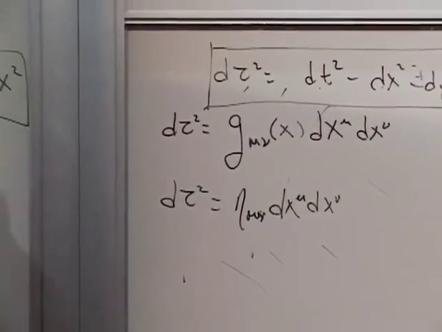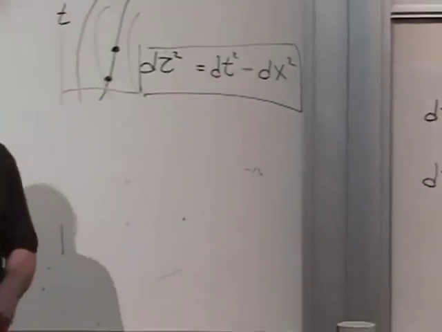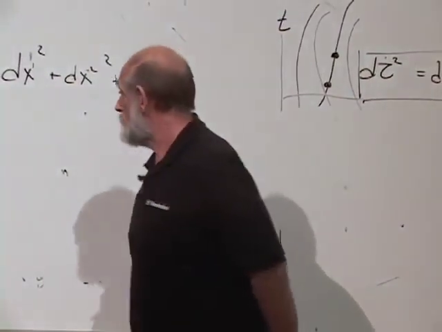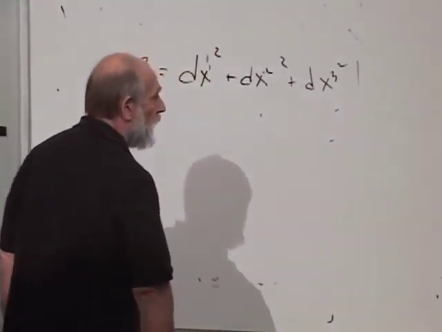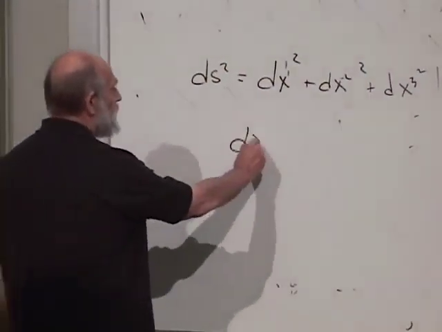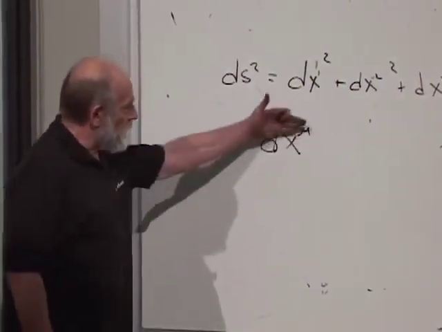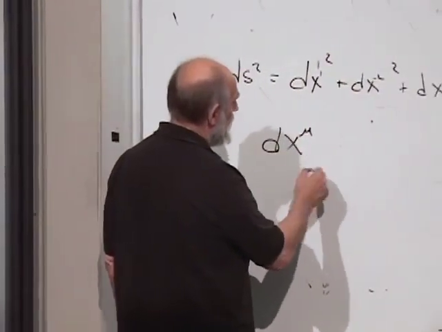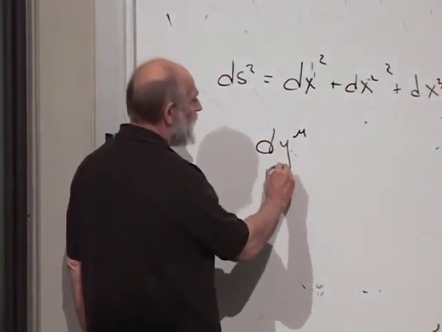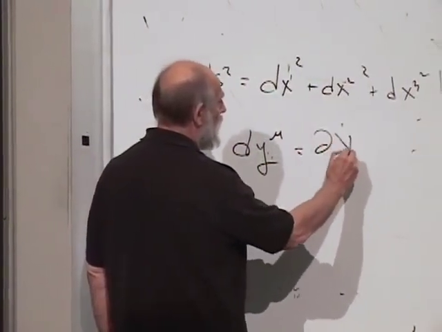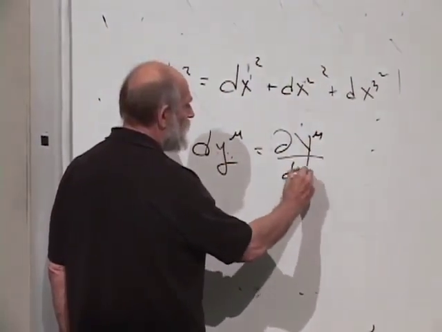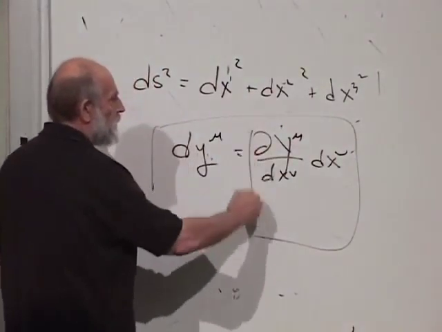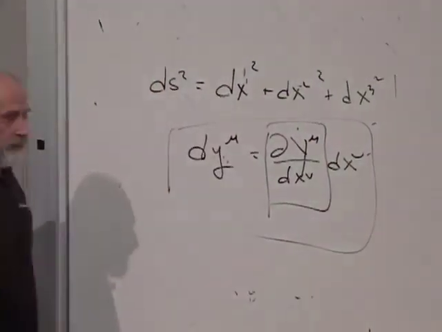The transformation properties of tensors are identical to what they were before. I'll write them again. You have things like dx mu, which have a contravariant structure. They're related to dy mu by partial of y mu with respect to x nu dx nu. So this defines the transformation properties of contravariant indices.